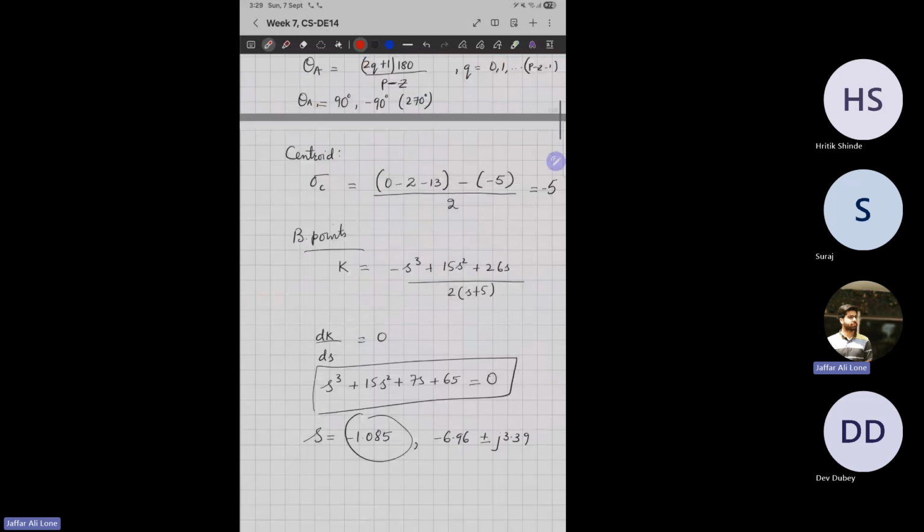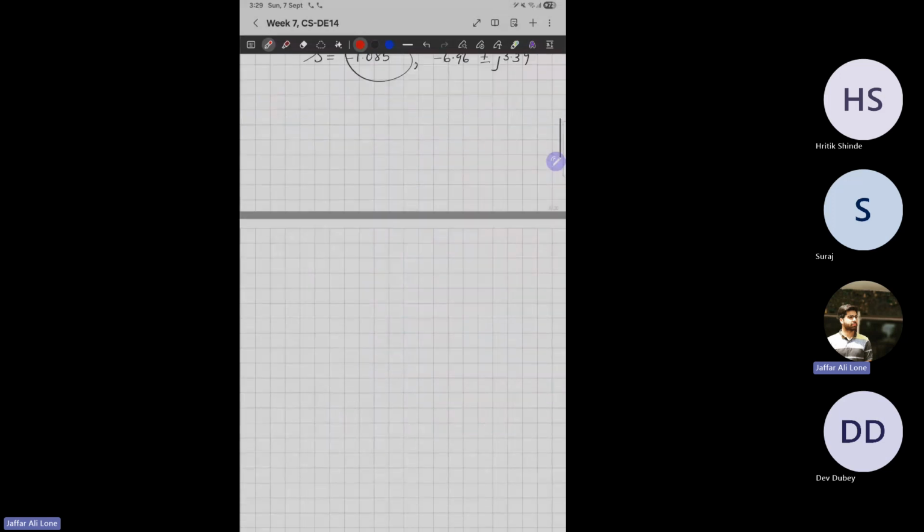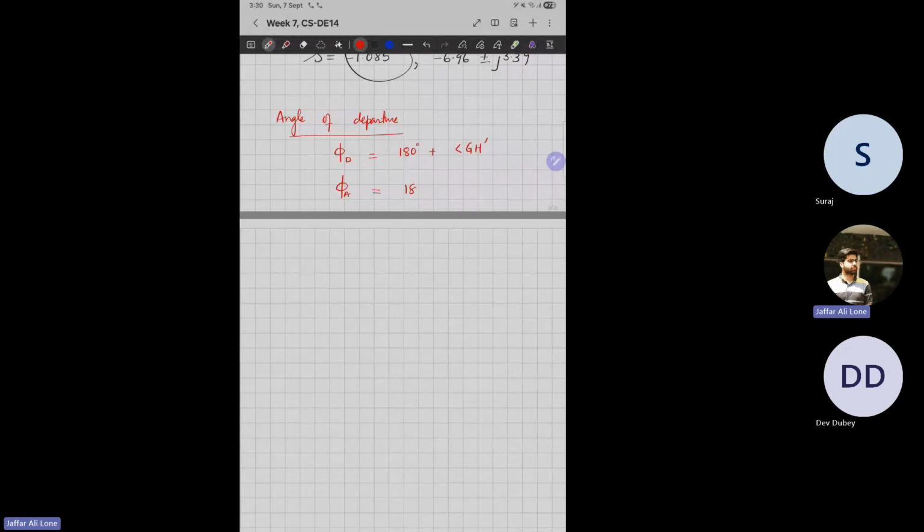So mathematically, I'll just write the formula. Mostly we'll be doing angle of departure. Angle of departure, phi_d, is equal to 180 plus angle of GH dash, and angle of arrival is 180 minus angle of GH dash. And what is GH dash?